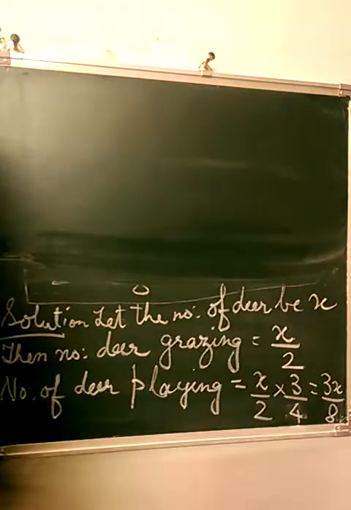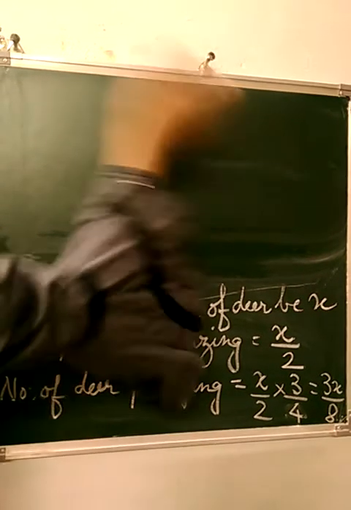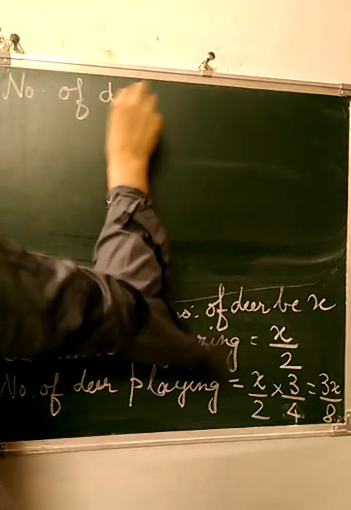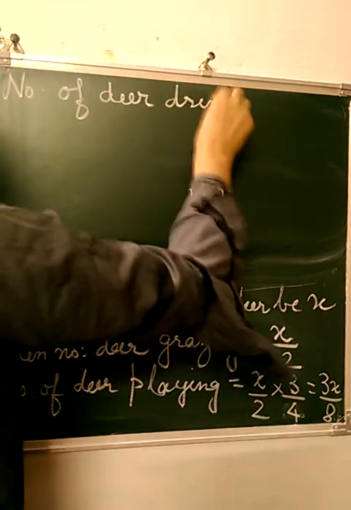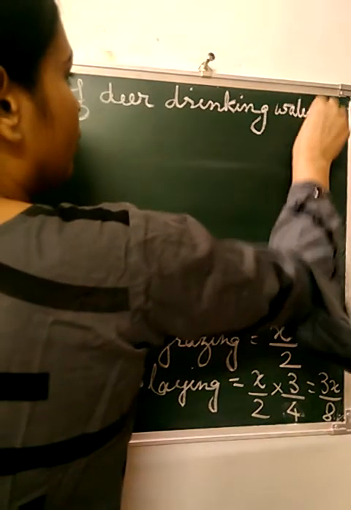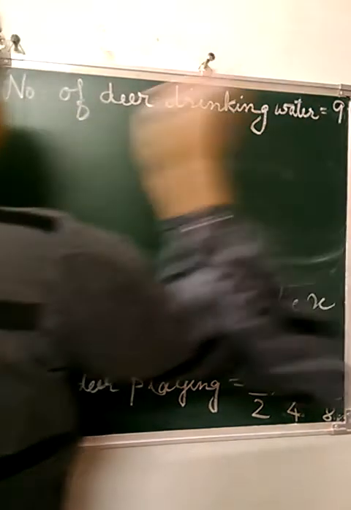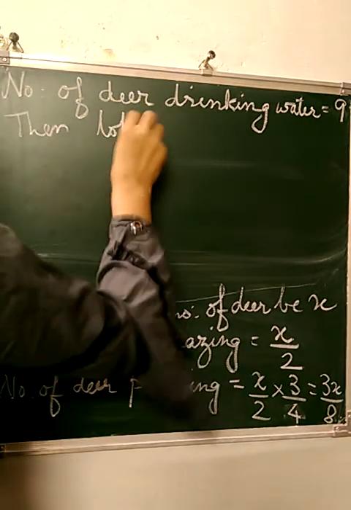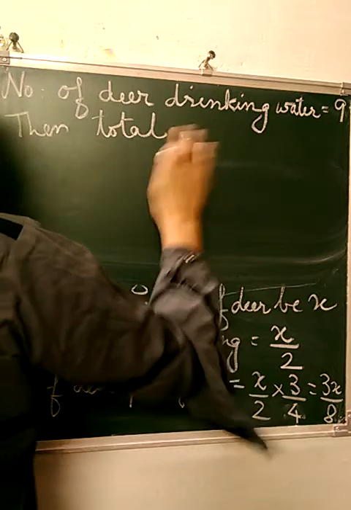Now we will write the number of deer who are drinking water. Number of deer drinking water, which is equal to 9. Then total number of deer in the herd.